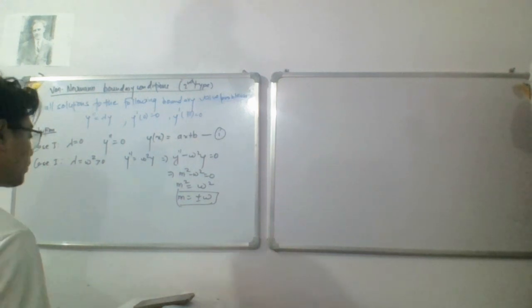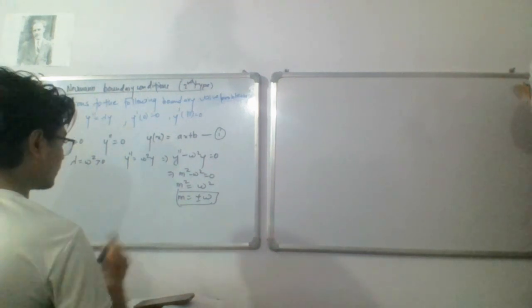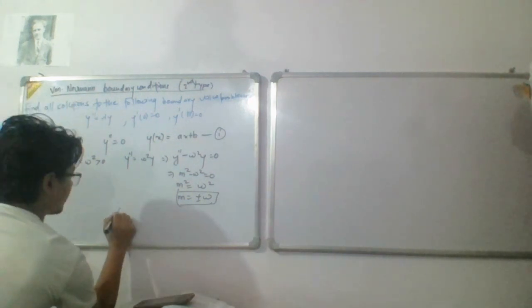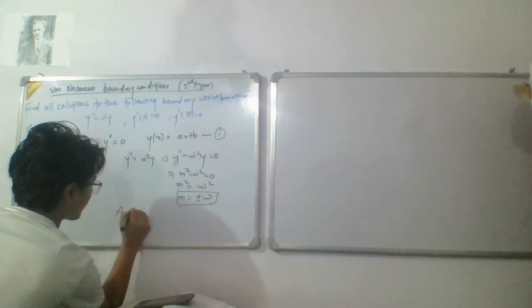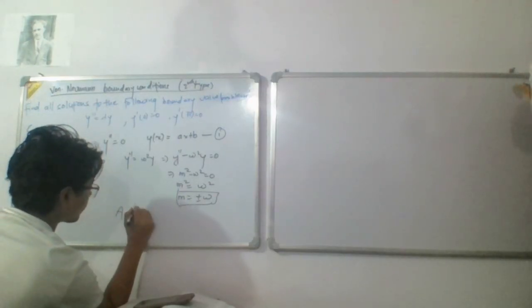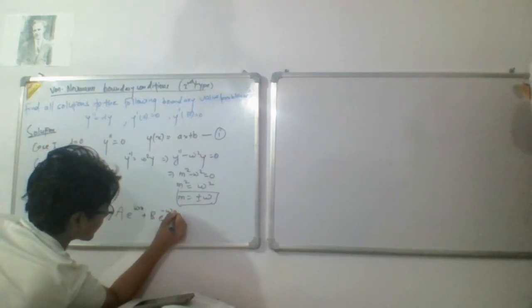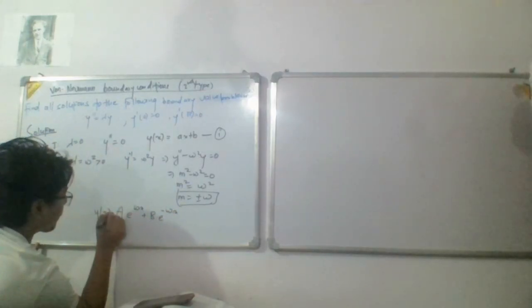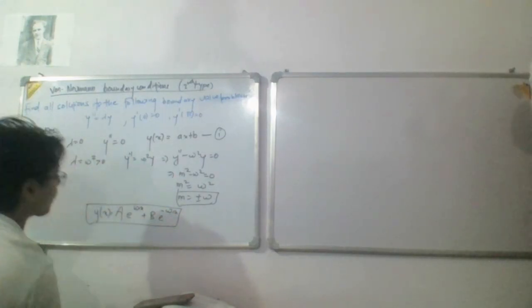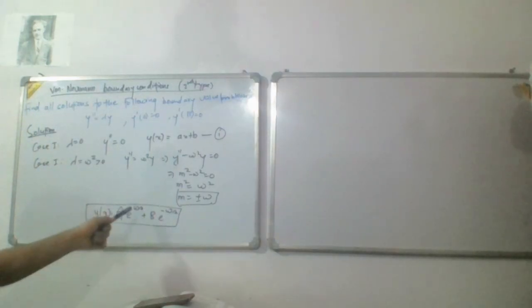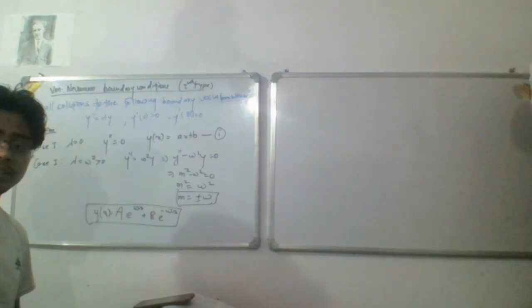So we get solutions as a e to the power omega x plus b e to the power minus omega x. But the value of this kind of solution is very hard to find if x is not equal to 0.